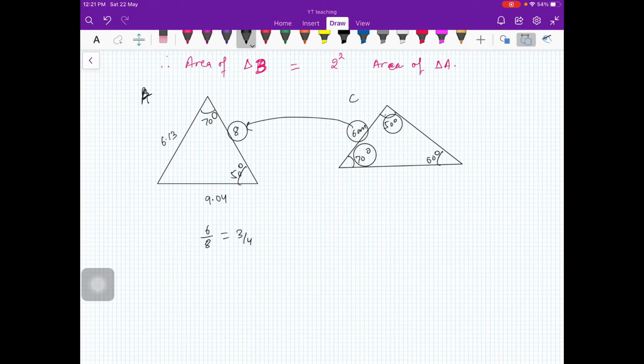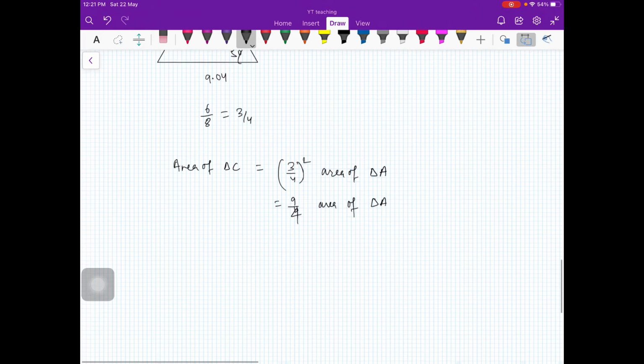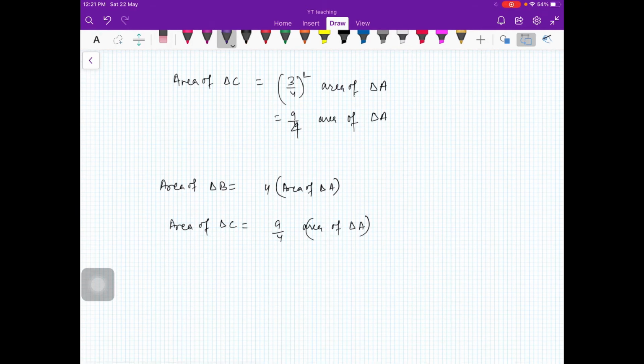Okay, so it means that area of triangle C, because this one is smaller, right, is equal to 3 by 4 square times area of triangle A, right? So this is 9 by 16 times area of triangle A. So what you get finally, that area of triangle B is equal to 4 times area of triangle A, and area of triangle C is equal to 9 by 4 times area of triangle A. So what is the ratio of all the areas?